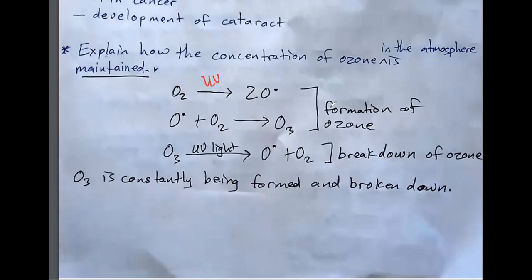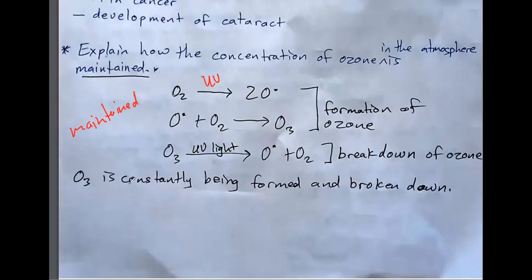This is showing the formation of ozone. And then UV light can also break down the ozone to give you back oxygen. So ozone is maintained in the atmosphere when it is produced and then when it is broken down.